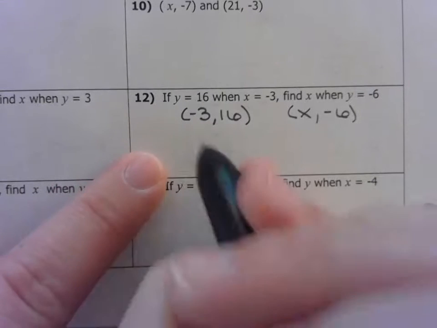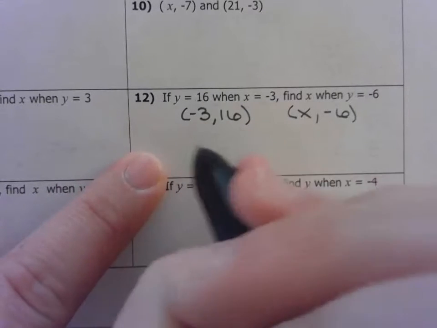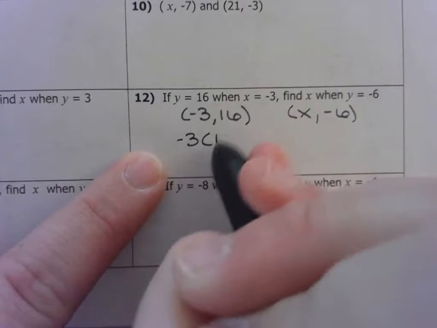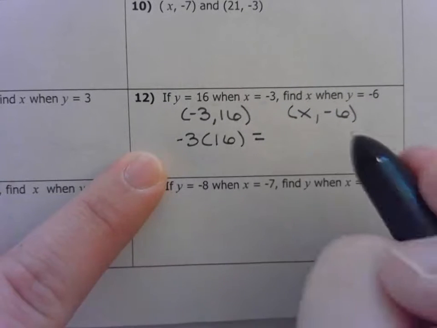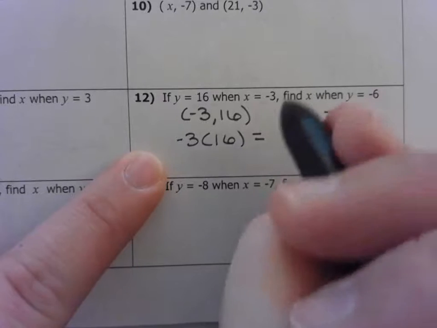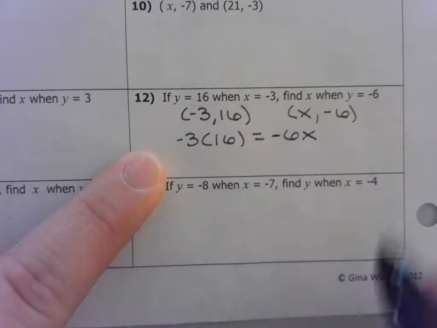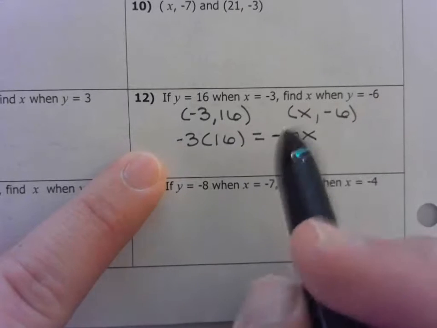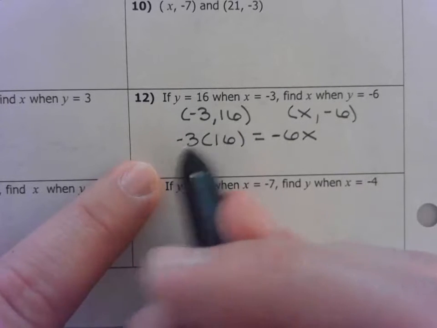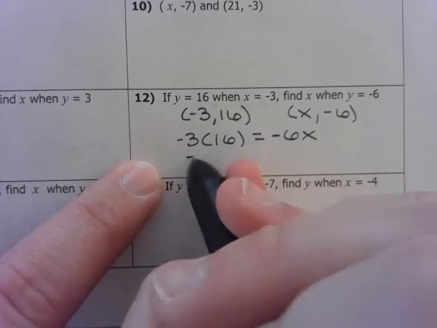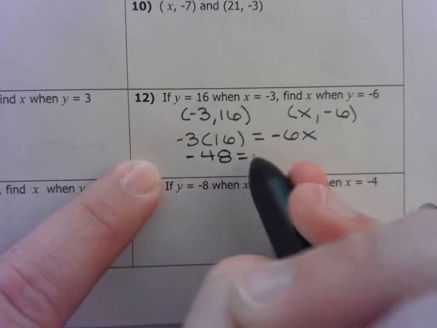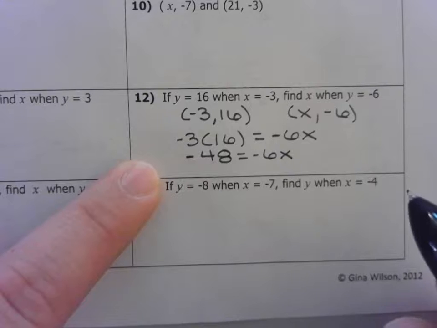Now they are inverse, so your first ordered pair is x times y, so negative 3 times 16 equals the second ordered pair, x times y, which will be negative 6x. It doesn't matter the order, you just put negative 6x. Negative 3 times 16, negative 48, equals negative 6x.